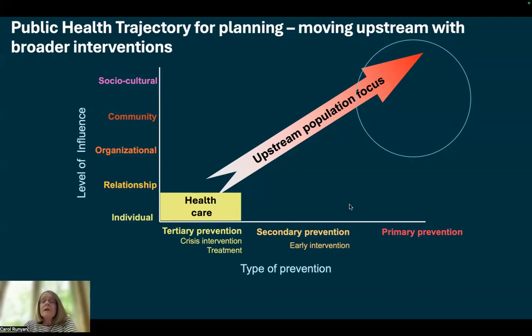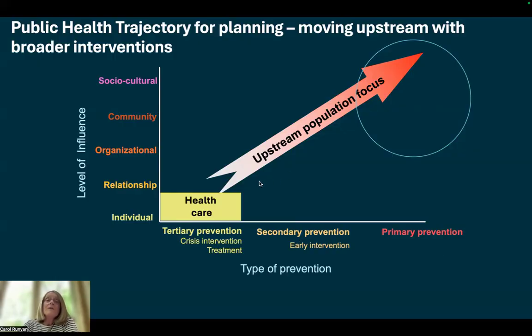It might also include early intervention, secondary prevention, where you identify problems early and stop them before they get more severe, like in screening, for example. Mammography for breast cancer is a form of secondary prevention. And then in public health, we really focus most of our attention on primary prevention, keeping problems from happening in the first place.